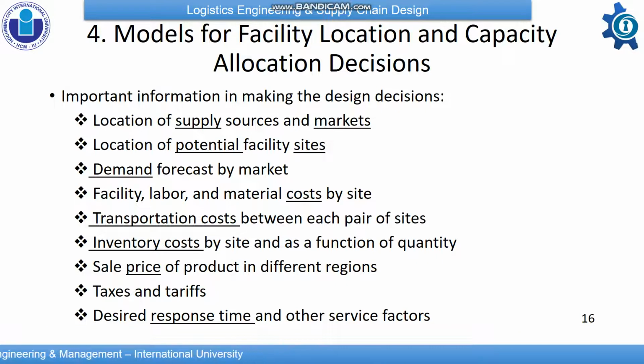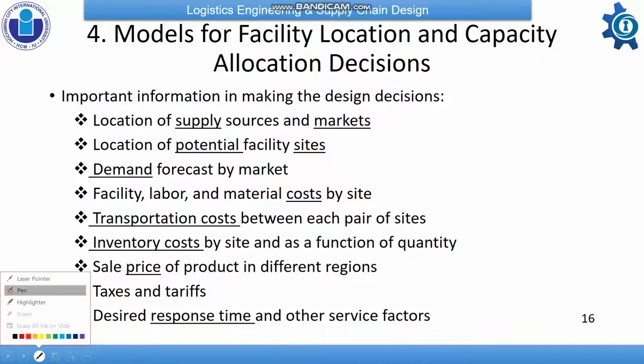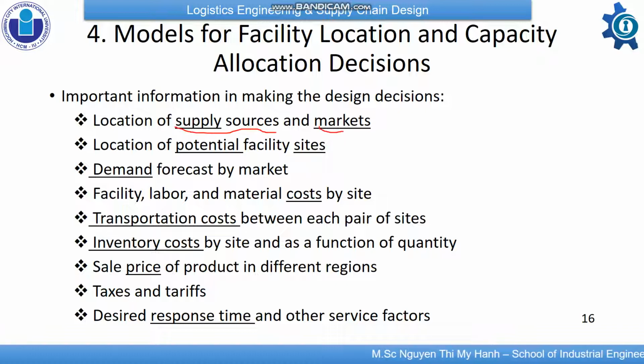The first one is the location of supply sources and markets. You should know where your supply and your market are, so that you can decide where you should locate your facility.